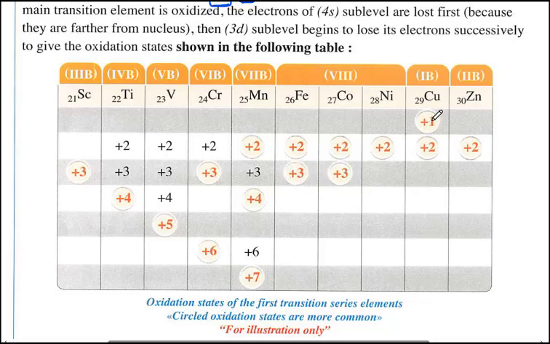In copper, positive 1 we call it cuprous, and positive 2 we call it cupric. Okay, we may call the compound copper 1 or copper 2 sulfate, or copper 1 or copper 2 chloride. We may say iron 2 sulfate, iron 2 nitrate, iron 3 hydroxide. Okay, this is the oxidation state, the number of charges which exist on the atom or ion.